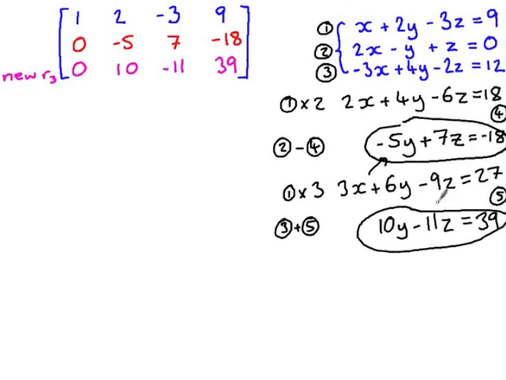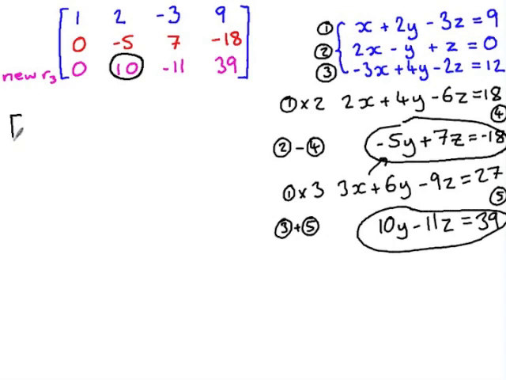So now I've got 2 equations and 2 unknowns, or in the matrix I've got 2 rows with zeros in the first column. I need to try and eliminate another coefficient from this matrix. Using the -5 in row 2, I can add 2 lots of -5 to the 10 in row 3, and that will give me the 0 that I need.